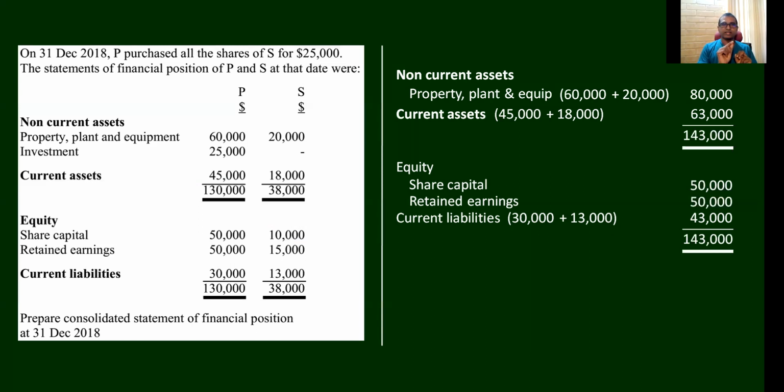There's one more thing that is unique for this example. Retained earnings, only parent company retained earnings, since the other company has only pre-acquisition reserves and P has paid for it. Okay, now we'll move on to another example.